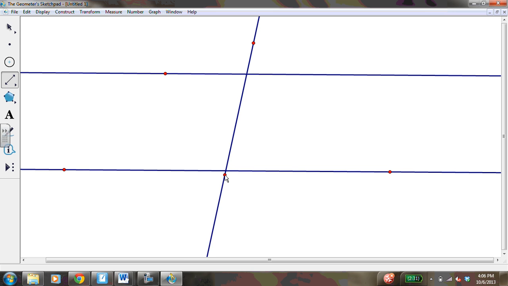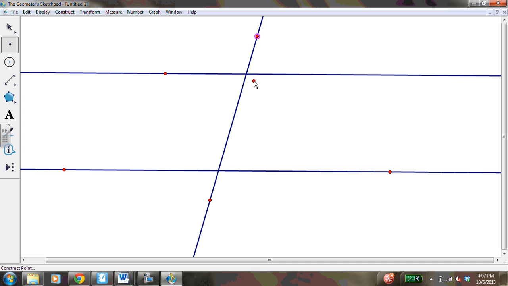Next, I'm going to create another line to be my transversal. And I'll actually use my points, or create points to meet at the intersections so that I can name my angles.